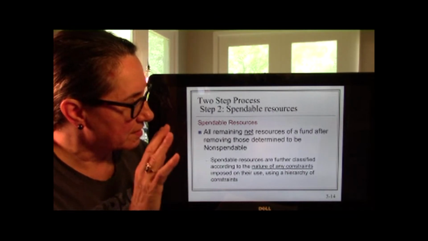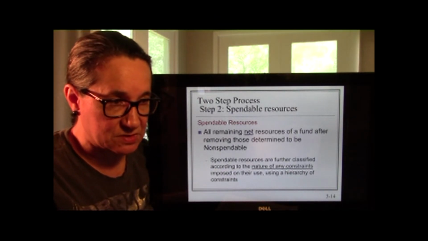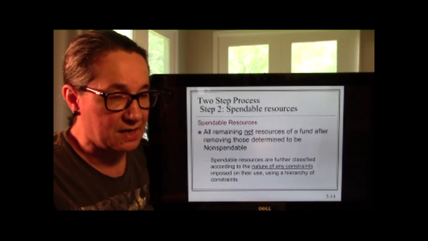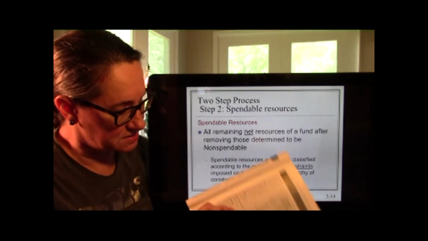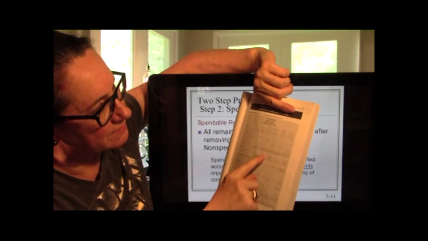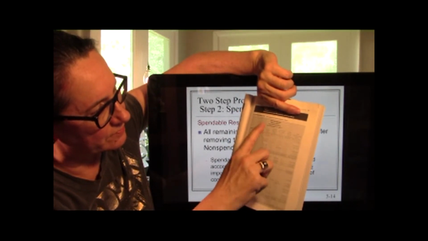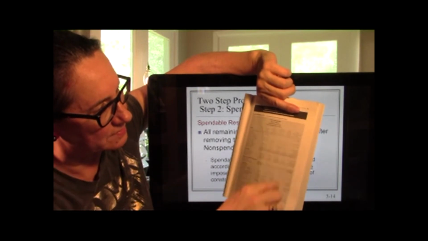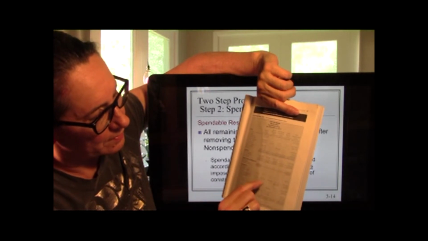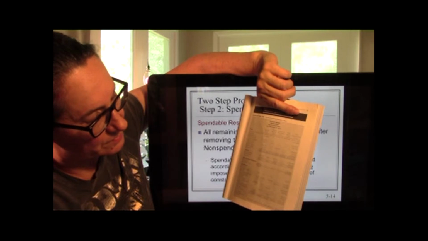Okay, now everything else are what you would call spendable resources. So all the remaining funds, you've got assets minus liabilities in the funds. It leaves us with a balance for this fund, this fund, this fund, and here's the total funds. So I've got some different amounts in these different funds in different categories.